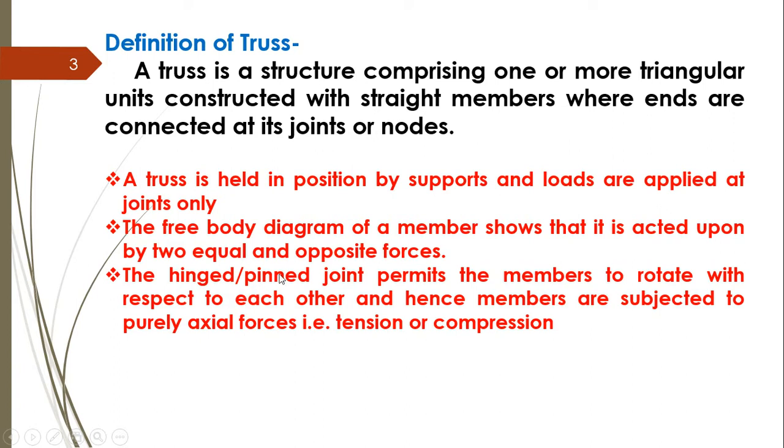then the hinged and pin joint permits the members to rotate with respect to each other, and hence the members are subjected to purely axial forces, that is nothing but tension or compression.